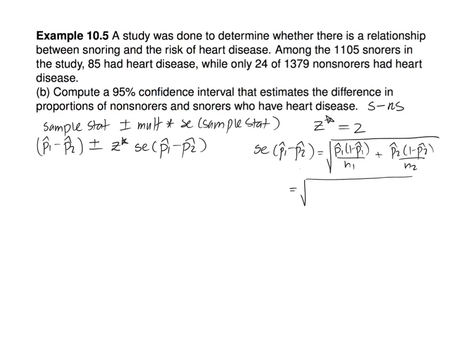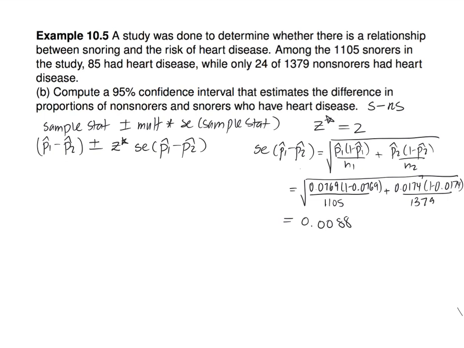In our case, that's the big old root of 0.0769 times 1 minus 0.0769 over the population size of 1,105, plus 0.0174 times 1 minus 0.0174 over the population size of 1,379. And that comes out to be about 0.0088.